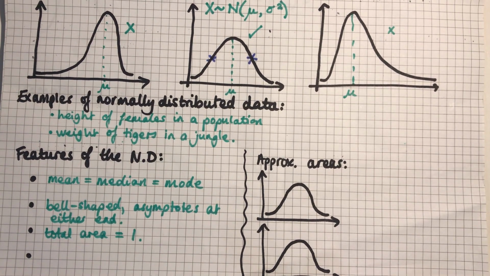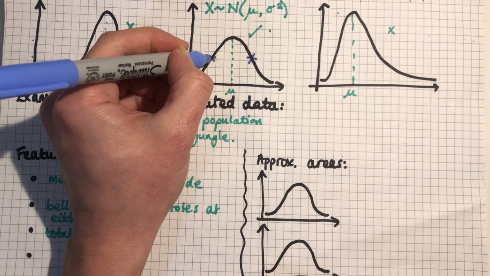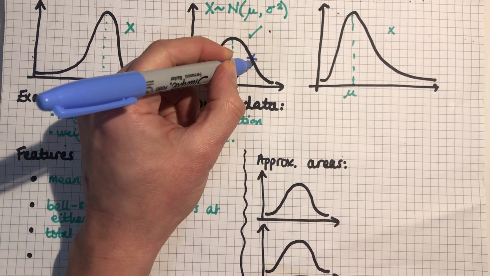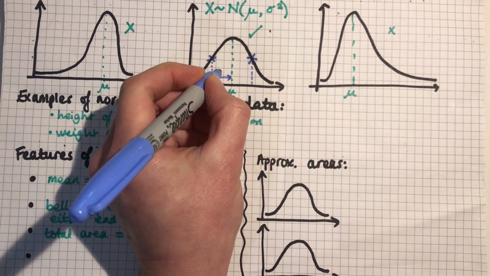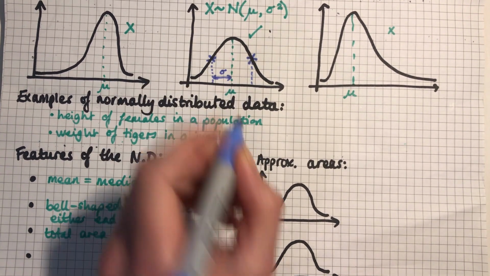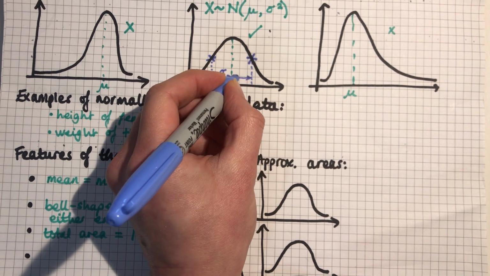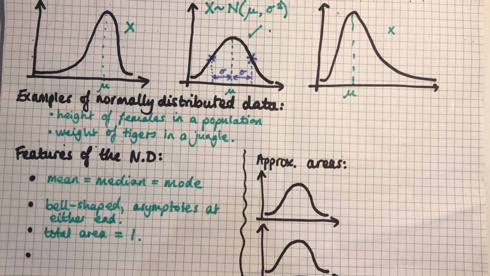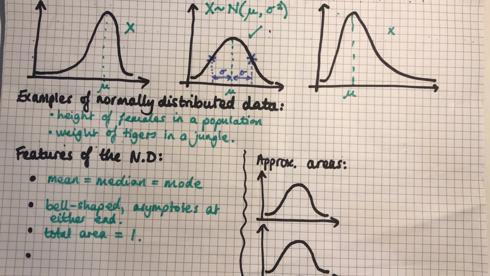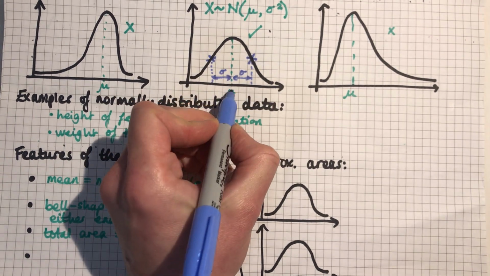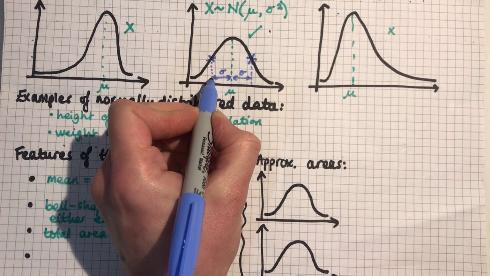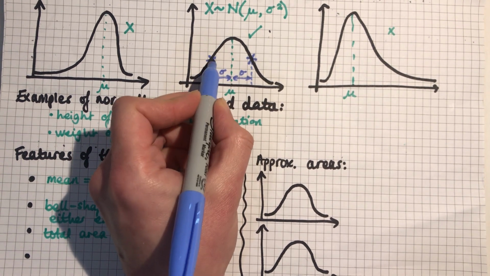Now, those points of inflection are at important places on this curve because if I just drop lines down here, that gap there is one standard deviation from the mean, and this gap here is also one standard deviation away from the mean. So whatever the standard deviation is for your particular data, you take your mean and you subtract the standard deviation to find where this point of inflection is.